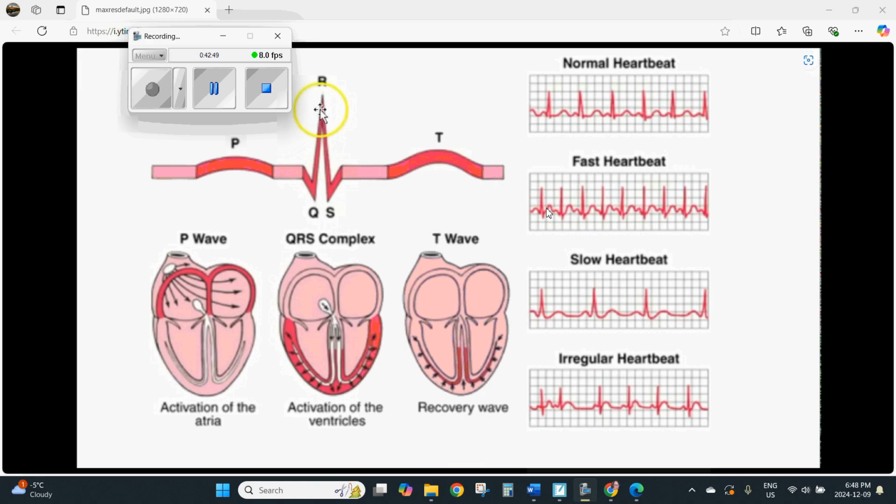A slow heartbeat is when your QRS complexes are further apart. And when you have closer together, further away, closer together, maybe further away, that is referred to as an irregular heartbeat. Doctors would really want to investigate that because that's really not normal.